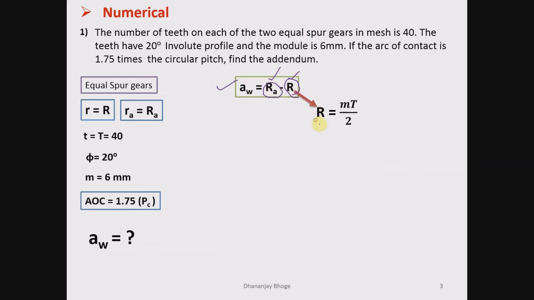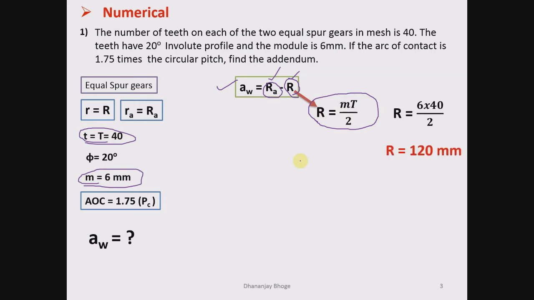We can find R from this equation because module is specified as 6 mm and number of teeth are known, 40. So R is equals to mt by 2. One is found. So by substituting the values, what do we get? R equals 120.